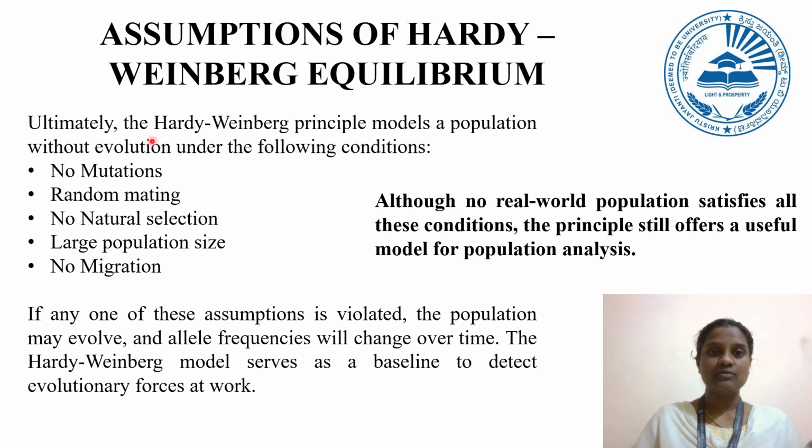And the last assumption is that there must be no migration or gene flow. That means no individual can enter or leave the population. If there is migration, it will introduce or remove alleles, disrupting the equilibrium.